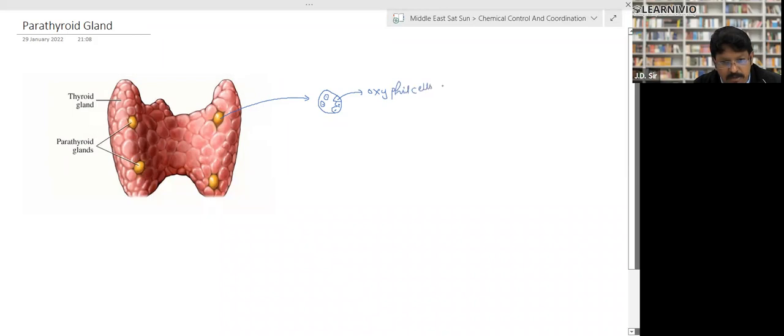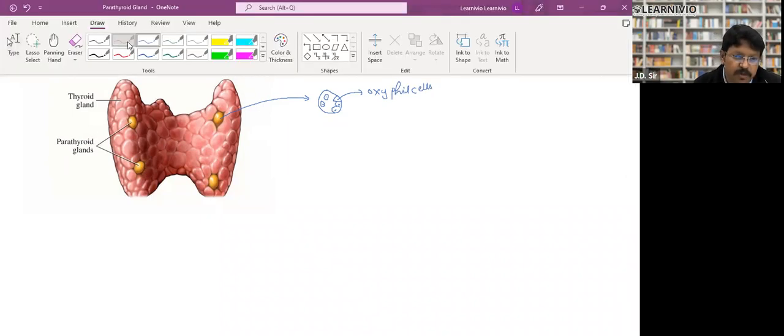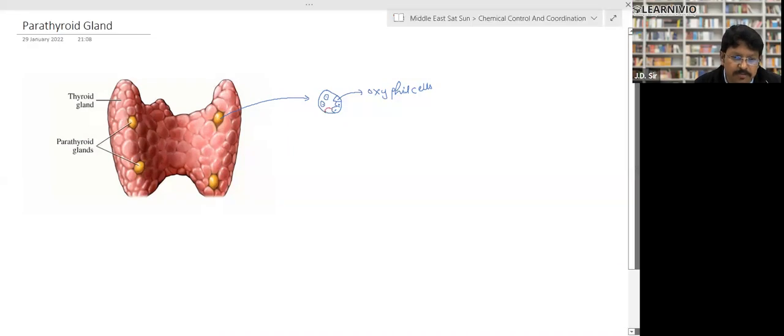And another kind of cells found over here are called chief cells. Oxyphil cells and chief cells, right?